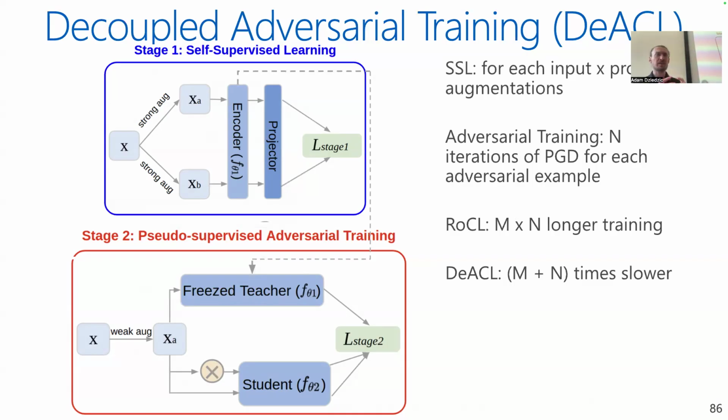If we did that at the same time, so SSL training and adversarial training together, then our training would be of complexity n times n, where n is the number of augmentations and n is the number of iterations for the PGD attack in this case. By decoupling these two stages, especially for SSL, which are big models, we have a complexity of O of n plus n, which is of course much better.